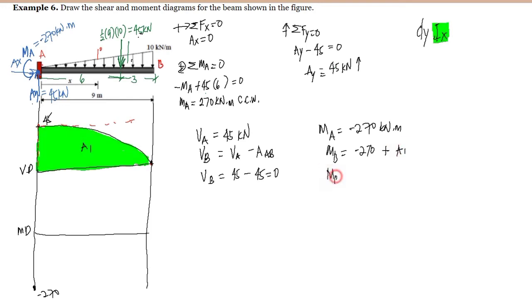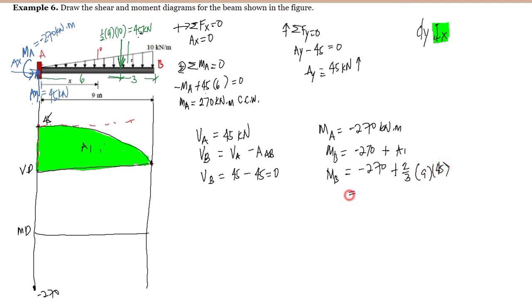So we have here the moment at B is equal to negative 270 plus, why plus? Because our shear diagram is positive area. So this is just area of the parabola, and that's 2/3. The base is 9, and the height is the magnitude of the shear, that's 45.